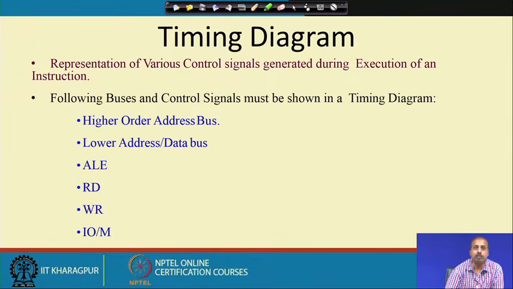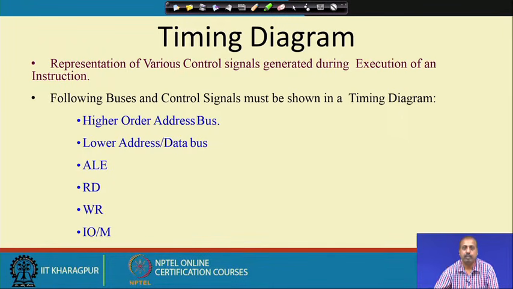Next, we will be looking into something called the timing diagram. This timing diagram tells us when the different control signals are generated as we proceed through the operation of instructions. The following buses and control signals must be shown in a timing diagram.